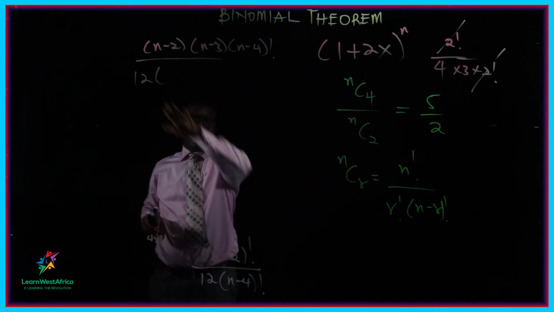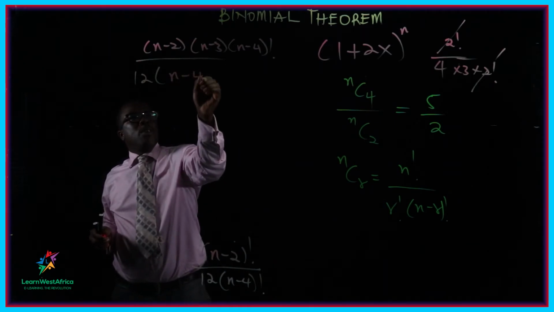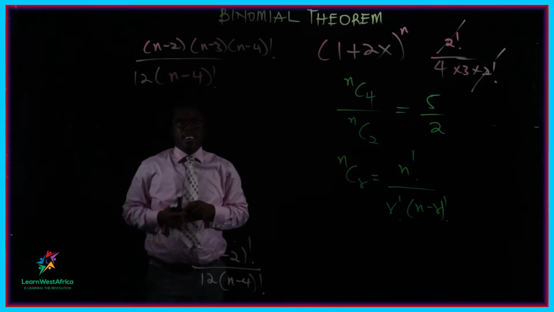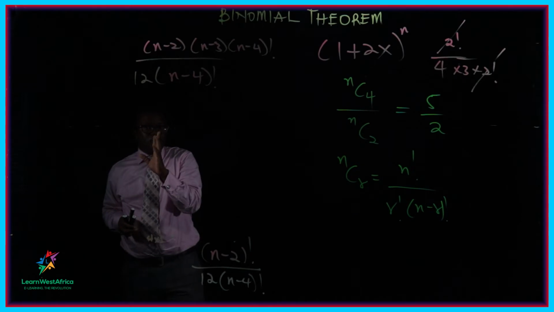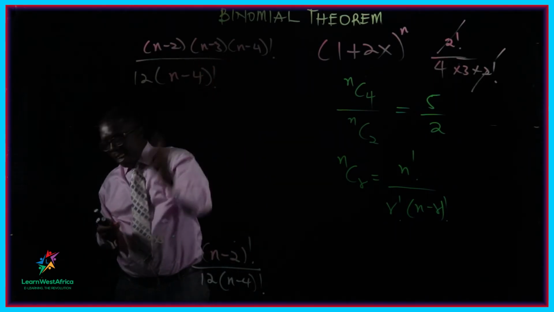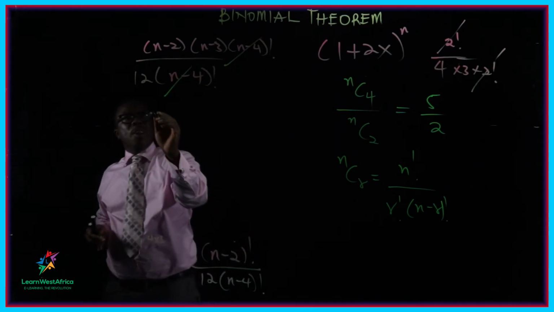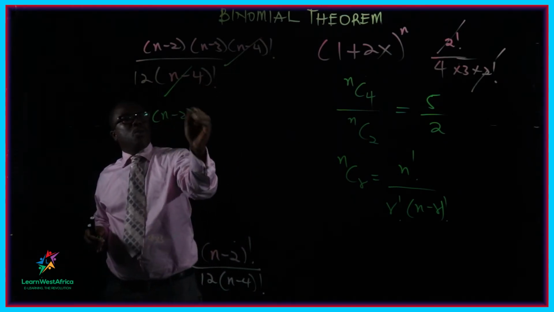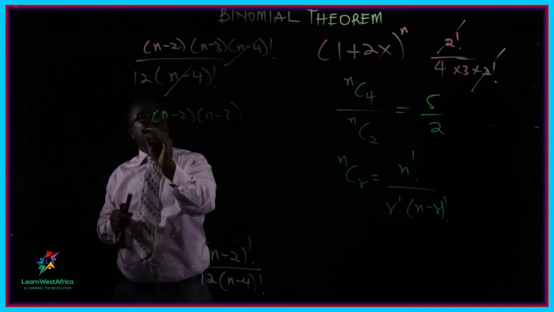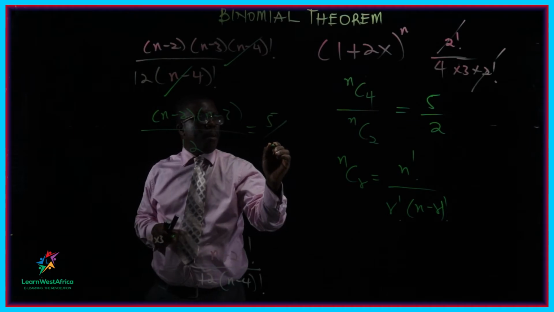And we are saying that the whole of that is divided by 12 times n minus 4 all factorial. So it's very clear to us now that n minus 4 factorial can take off n minus 4 factorial. So we now have n minus 2 into bracket n minus 3 all over 12. This is equal to 5 over 2.